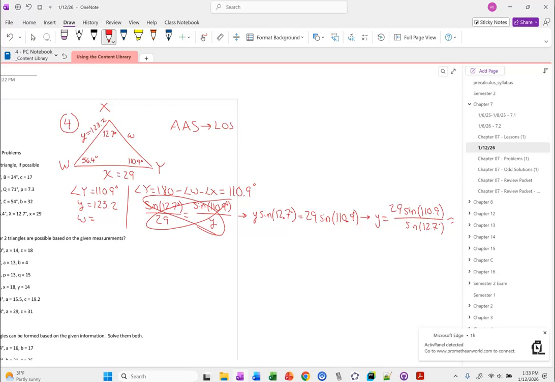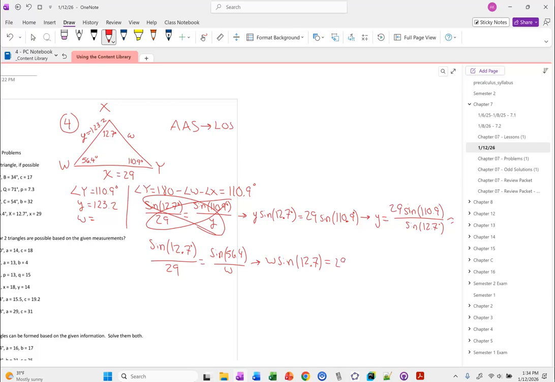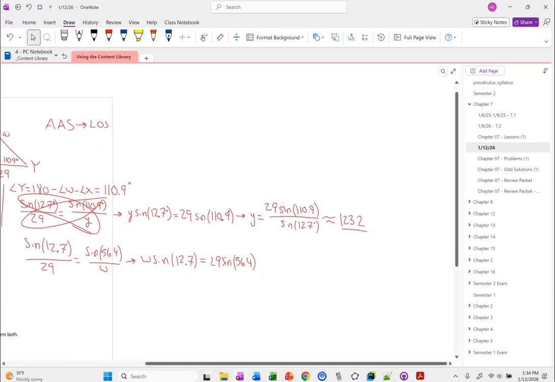And then to find side W, I'm going to repeat basically the exact same process. So sine x over x equals sine W over W. Again, we'll cross multiply and then divide.